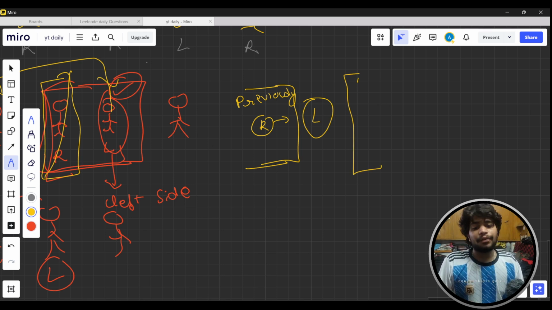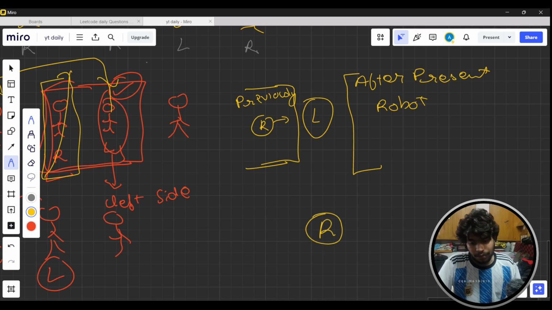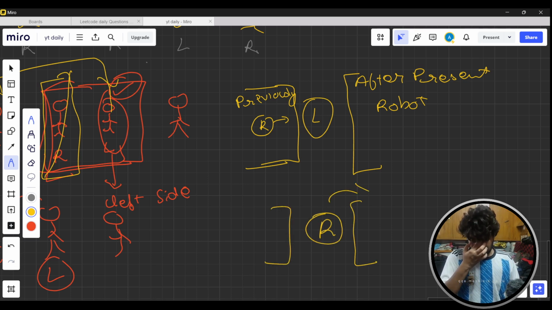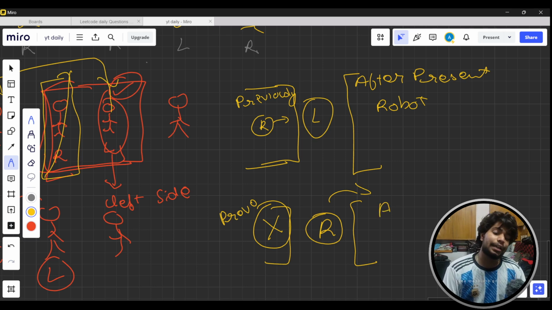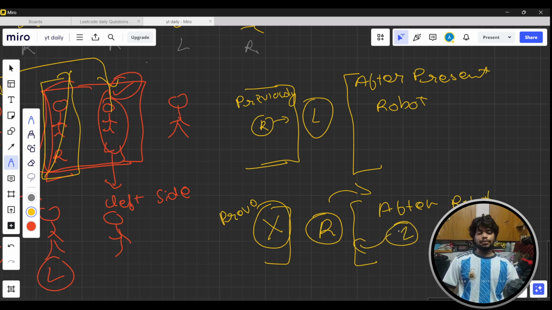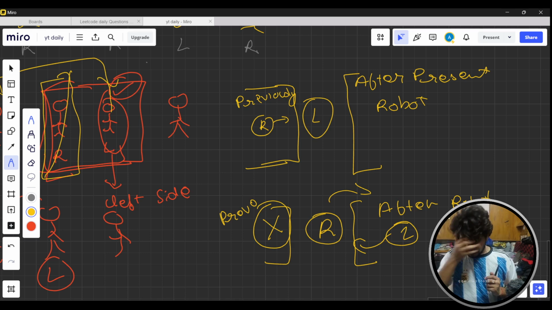It can never collide with the robots present after it. Let's say I have a robot which is moving in right direction. It will never collide with a previous robot. It will only collide with robots after it which are moving in left direction. So for sure now I know that if a robot is moving in left direction, it will collide with my right direction robot.